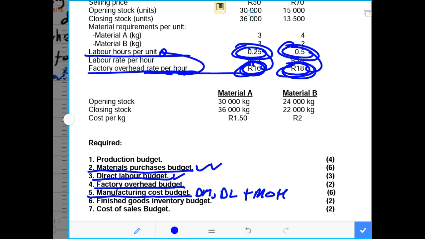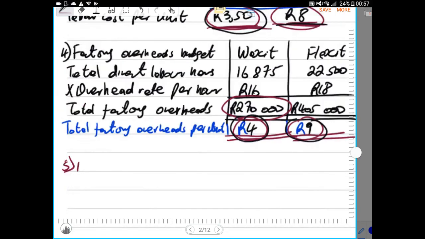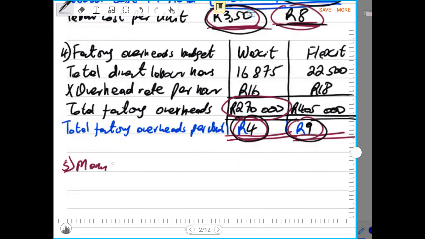So now I will do this per unit, then after I will also show you how you can do that in total. So if we are required to do this, we can do it in either per unit or in total. This is the manufacturing cost budget.